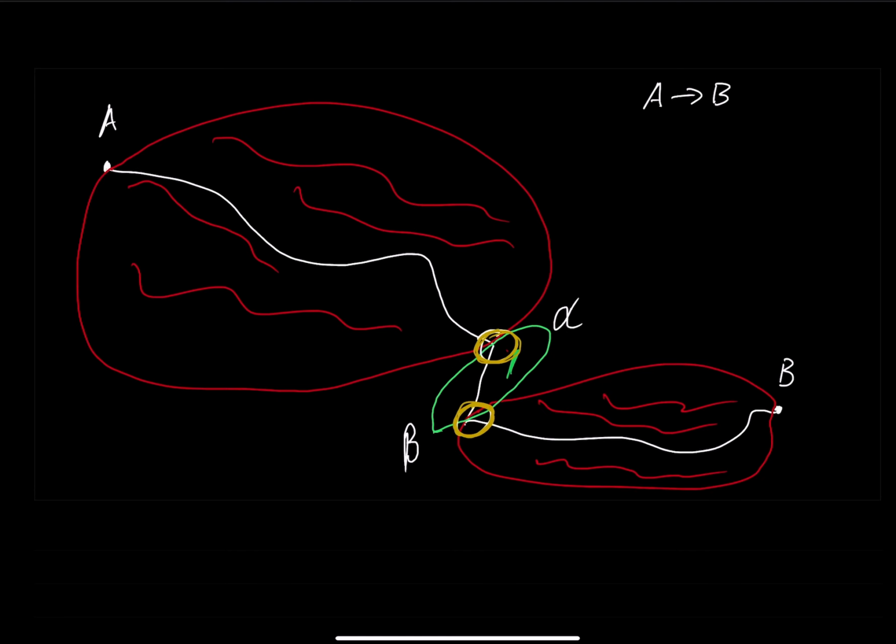You could think of it like a Hess cycle in some way, but let's not make it too complicated. To get from A to B, you have to go from A to alpha, alpha to beta, and then from beta to B.